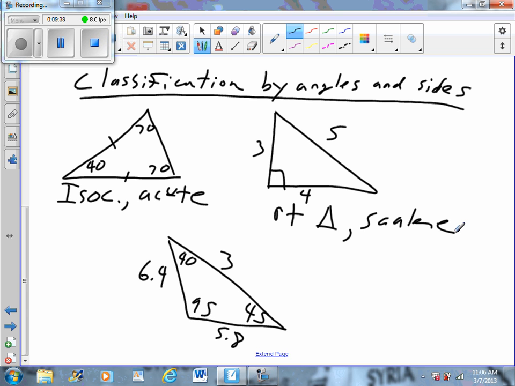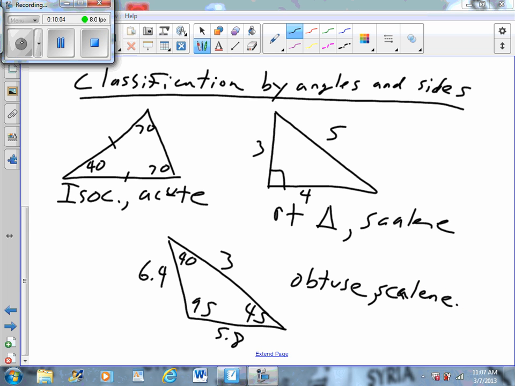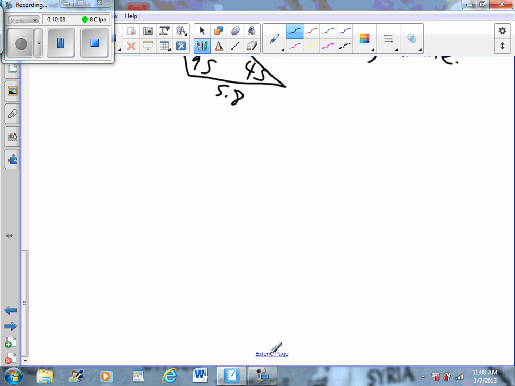Scalene. Down here, what can I say about this triangle right here? This is a 95-degree angle. That would be scalene. Scalene would be one of the sides, and obtuse would be the angle measure. So we would say obtuse, and then scalene, right? Okay, good.